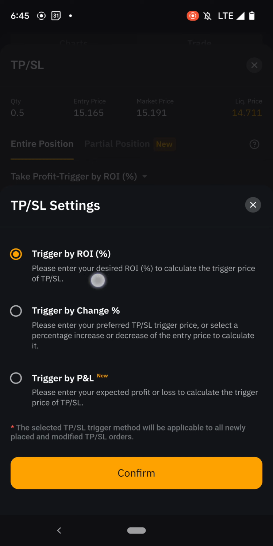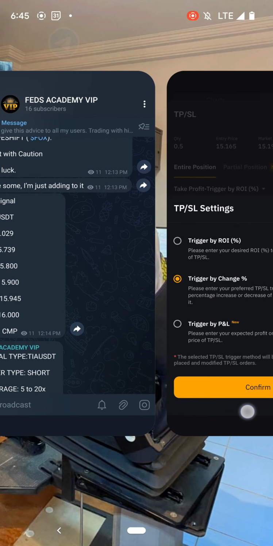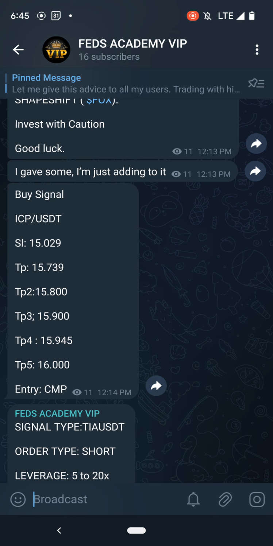ROI simply means you use percentages as stop loss or take profit, while trigger by change in percentage is when you want to use price. There are times they will give you take profit and stop loss based on percentages, and they can give you stop loss and take profit based on price. So let us look at our signal. Our signal tells us to buy, and our stop loss is based on price.